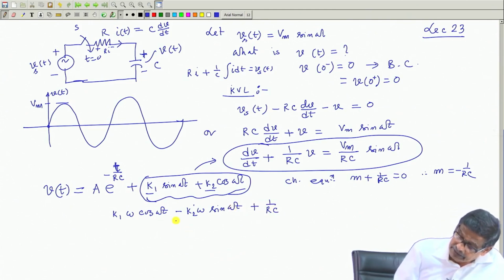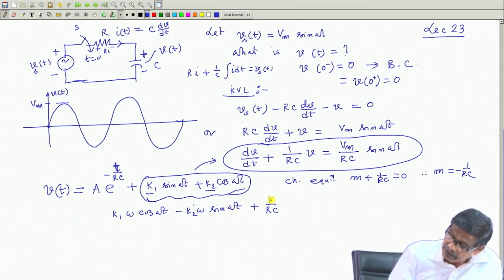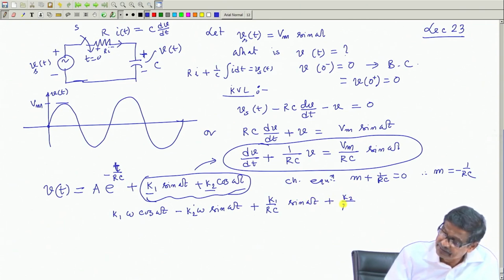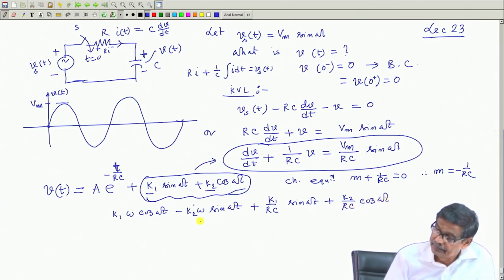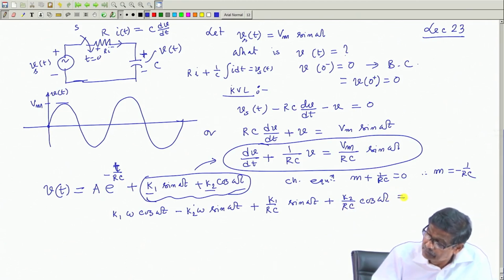So, 1 over RC k1 sin omega t plus k2 by RC cos omega t. Four terms will be there, and that will be equal to Vm by RC sin omega t.